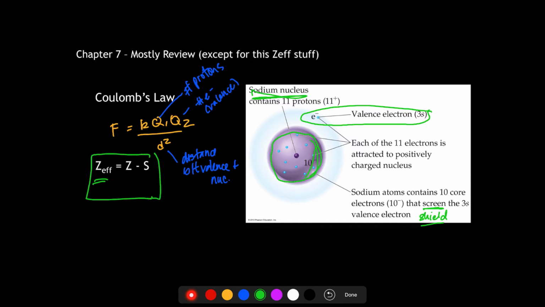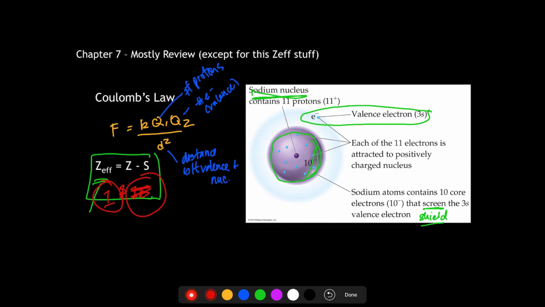So Z effective says the amount of attraction that that valence electron feels is based on the number of protons minus the number of core electrons, and whatever is left, which in this case is 1, is the amount of effective nuclear attraction that valence electron feels. Does that make sense?